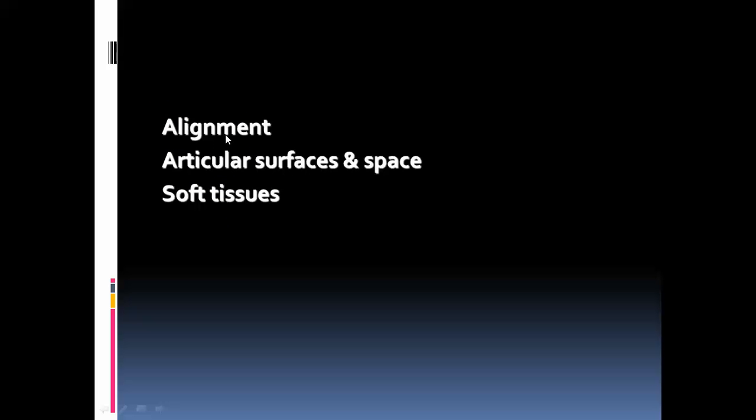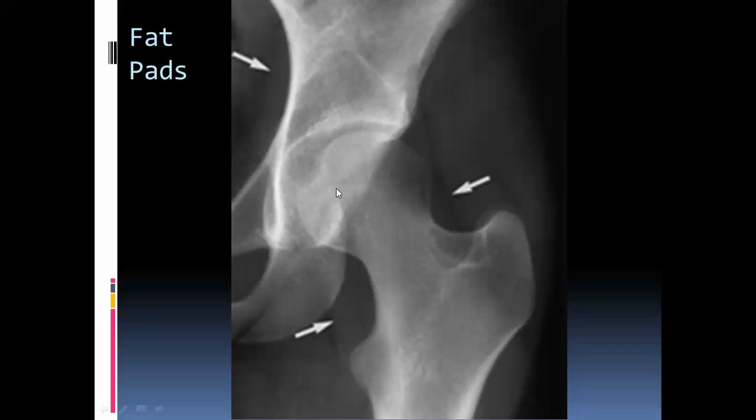We search for alignment, we search for the articular surfaces, space, and surrounding soft tissue. This one, of course, is the obturator.